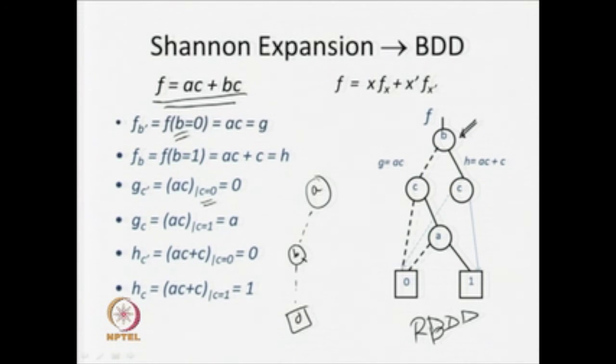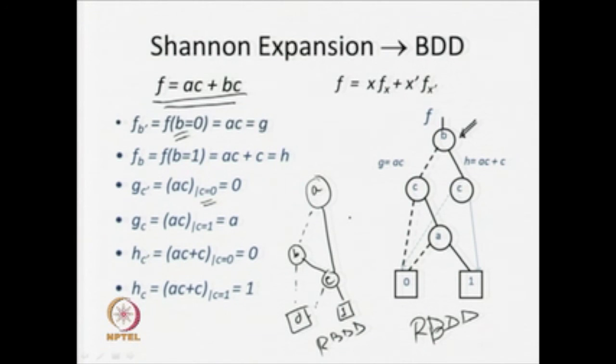If b is equal to 1, it depends on c, and 1, c is equal to 0. So these are the two RBDDs, both representing the same function f is equal to ac plus bc. So, that means we can say that the reduced BDD representations are not unique for a given function.